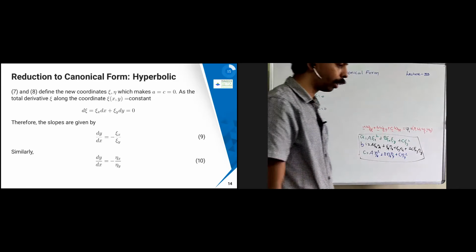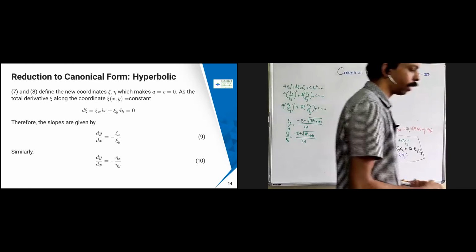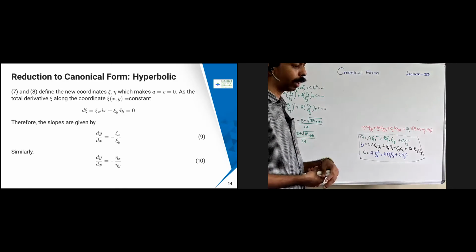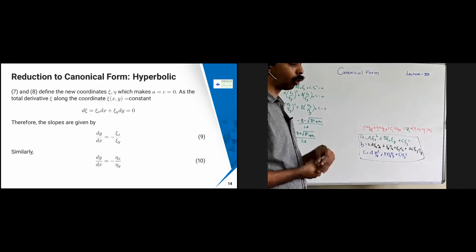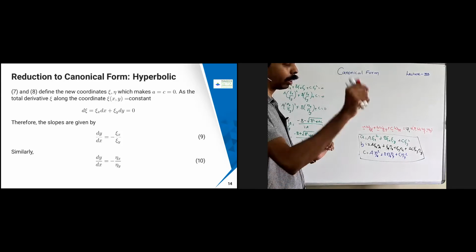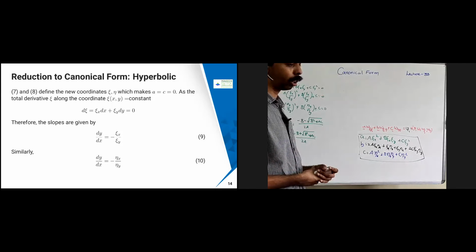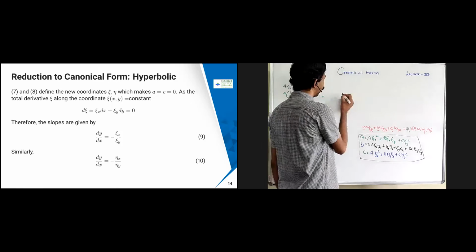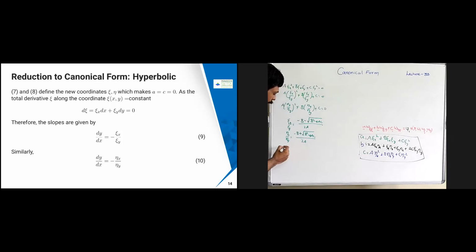Now we define new coordinates chi, eta, that make A and C equal to 0. If you see the total derivative along the coordinate chi of x, y equal to constant, chi of x, y should be constant, so d psi is going to be 0.